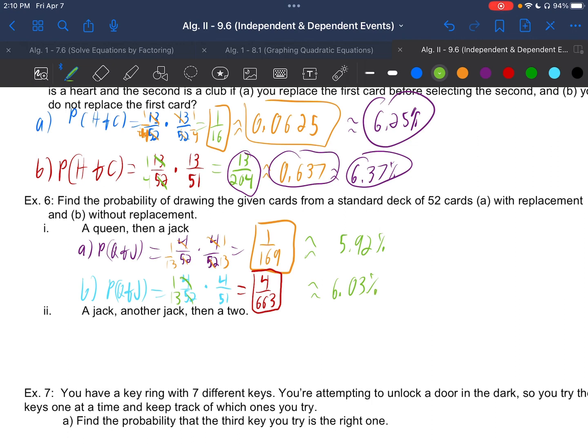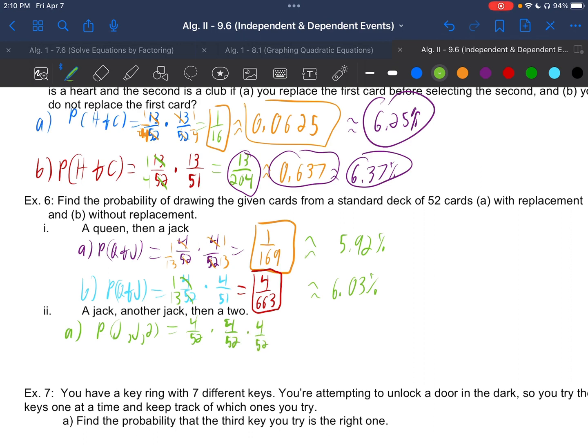So what's the probability on 6 part 2 that you get a jack, then another jack, then a 2? With replacement, probability of getting a jack the first time, 4 out of 52. Second time, 4 out of 52 again, because you just put the jack back. And then a 2, 4 out of 52.